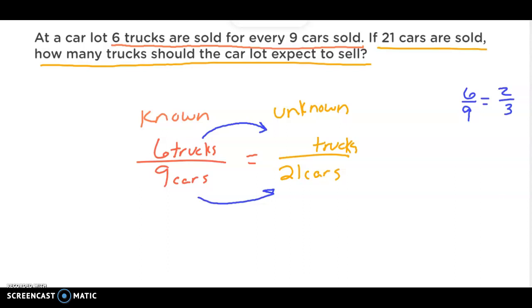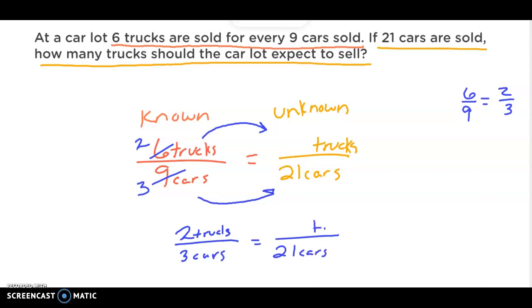So you can do it one of two ways. You can either A, cross out the 6 and make it a 2, and cross out the 9 and make it a 3, or you can rewrite it as 2 trucks over 3 cars equals 21 cars, and I need to know how many trucks.